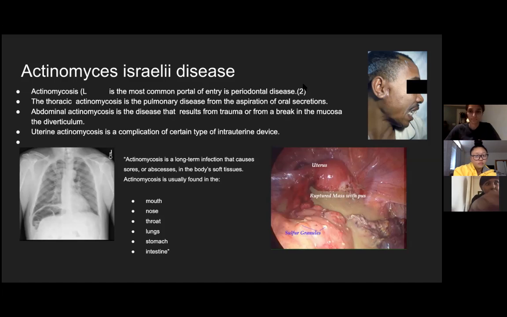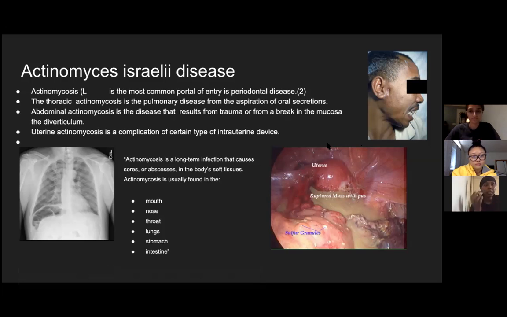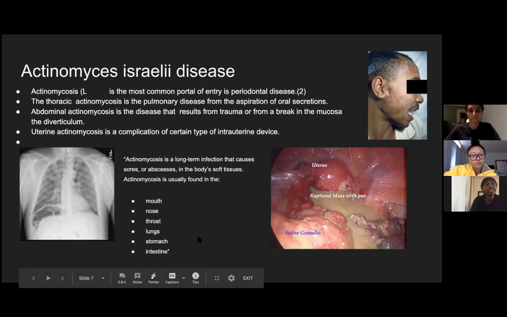The IUD-associated infection is from the application of a certain type of trauma device, which you can see on the side also. It also has common symptoms, which will be a long-term infection that causes sores or abscesses in the soft tissues of the body, which usually can be found in the mouth, nose, throat, lungs, and stomach, also in the intestine.